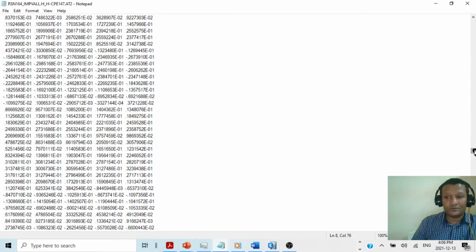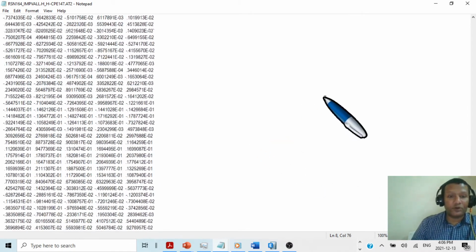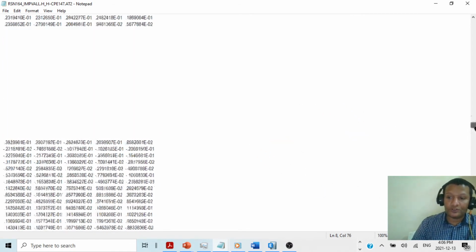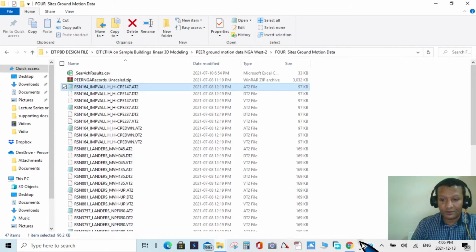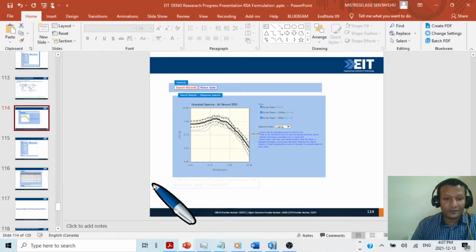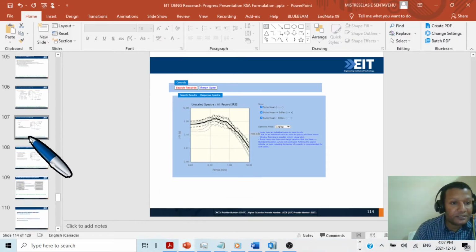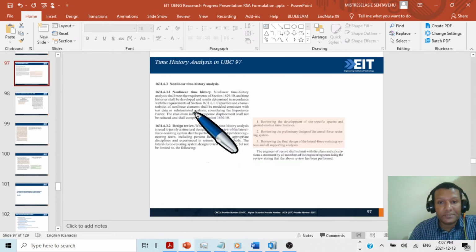We are going to match it, scale it with our design spectrum for our site as per the code. As per the code, let me show you here, when we discussed UBC 97.